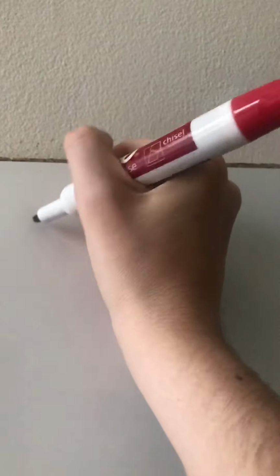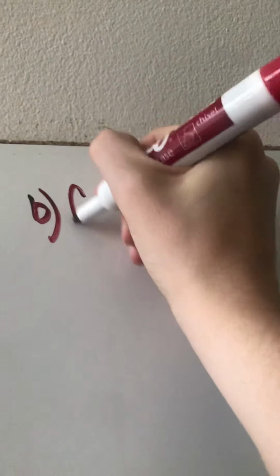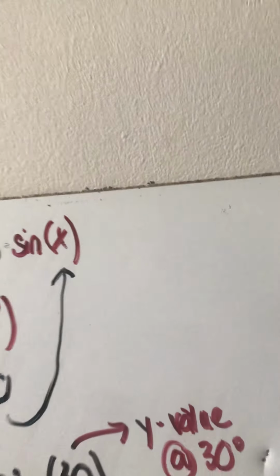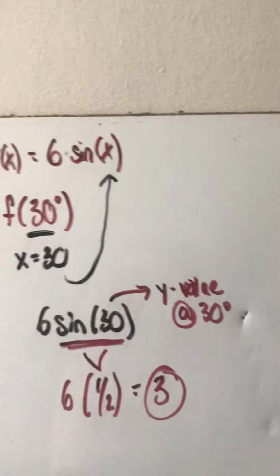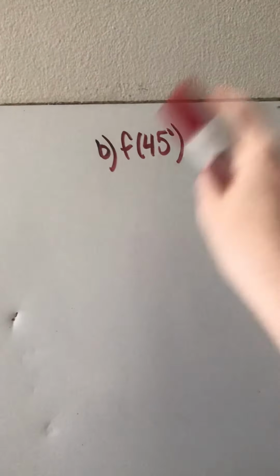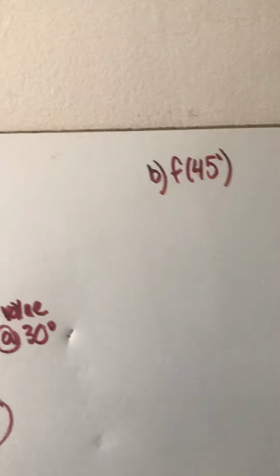So let's look at B. B is saying to you f of 45 degrees. I'm using my same exact function here. So 6 times sine of x. So my first step here is, well, what does the 45 degrees inside my parenthesis there mean?